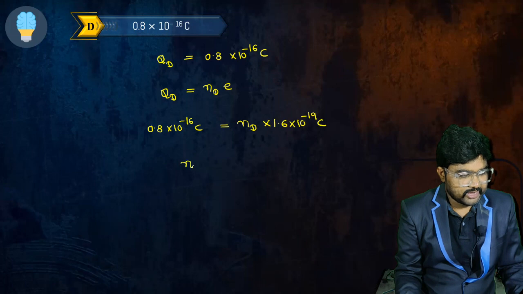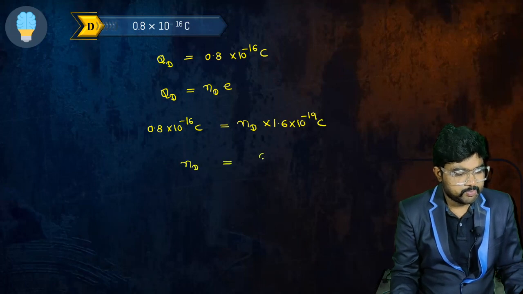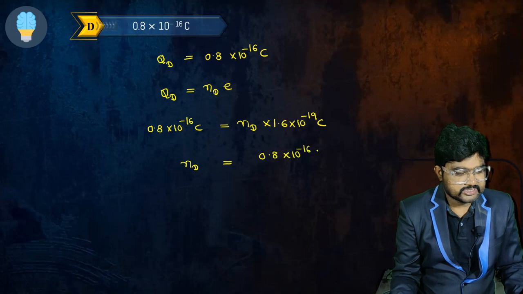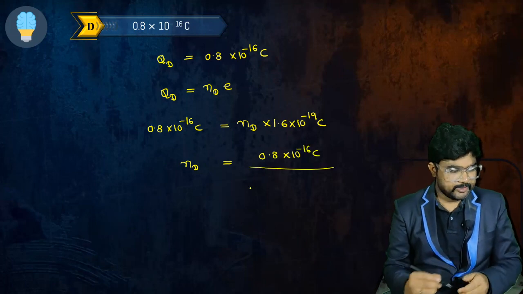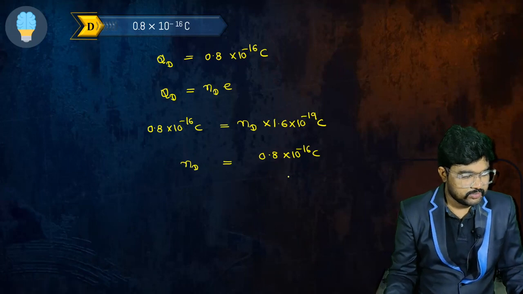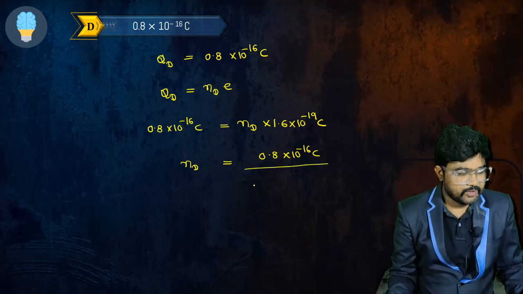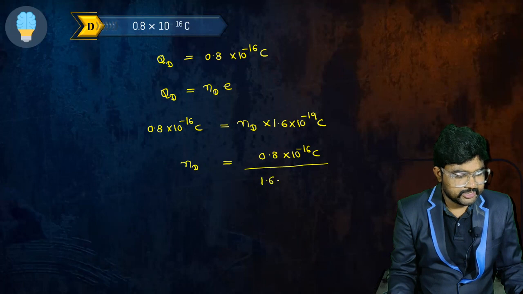So N_D equals 0.8 into 10 to the power of minus 16 by 1.6 into 10 to the power of minus 19.